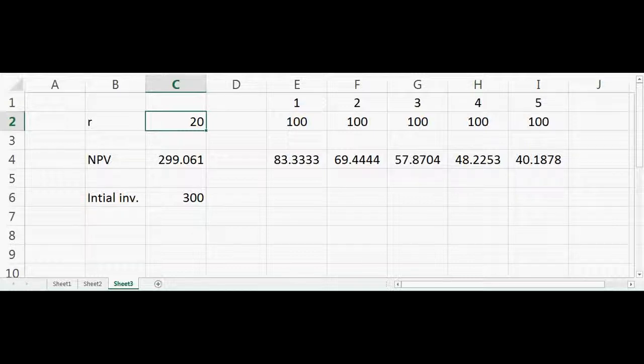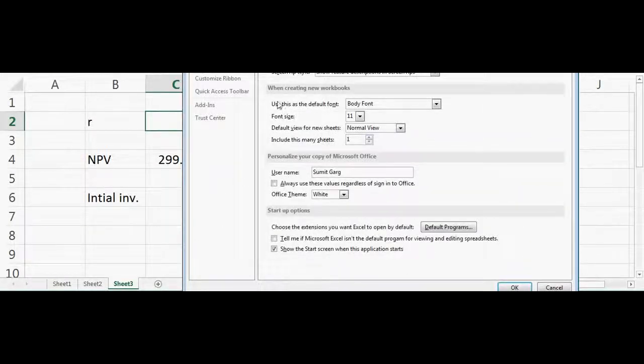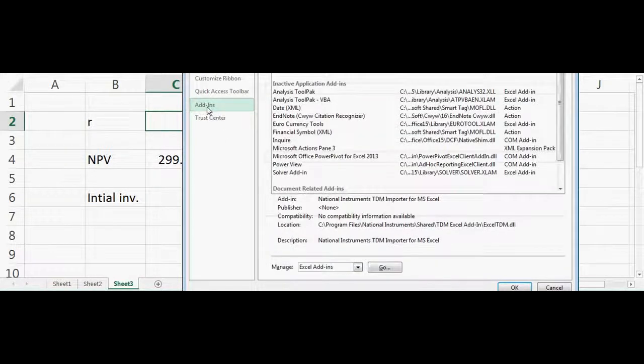goal seek. To see goal seek in your Excel, we have to go to the options and say add-ins, and then click on the solver add-in, and say okay.